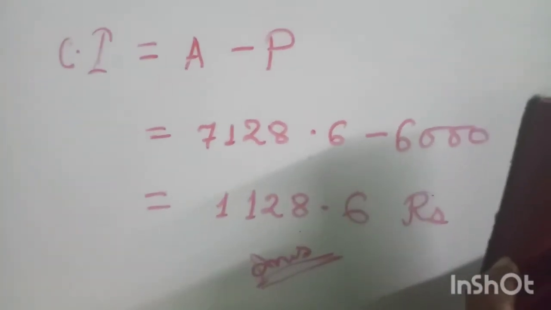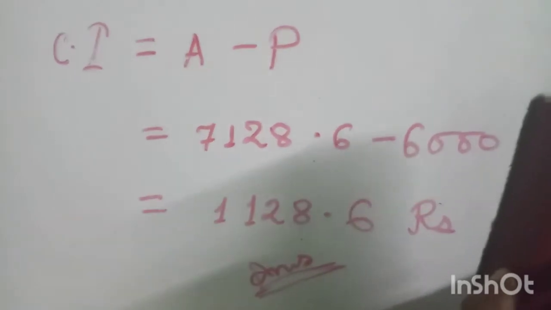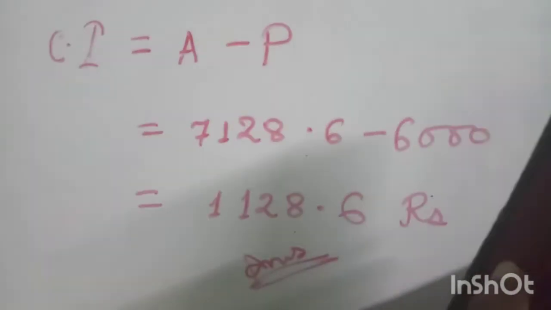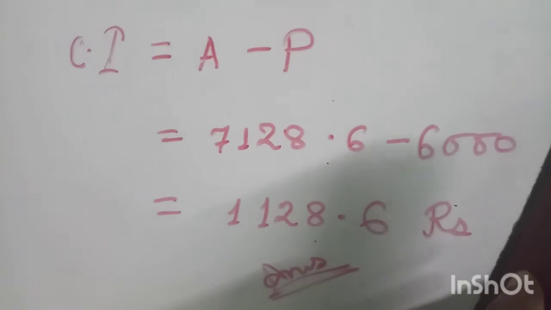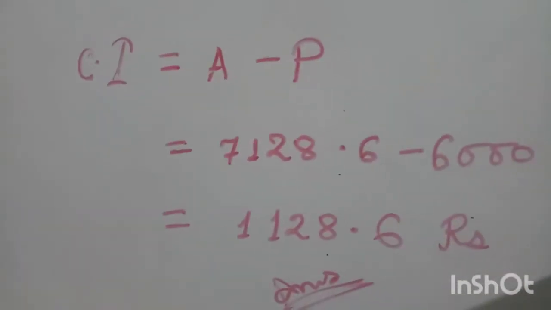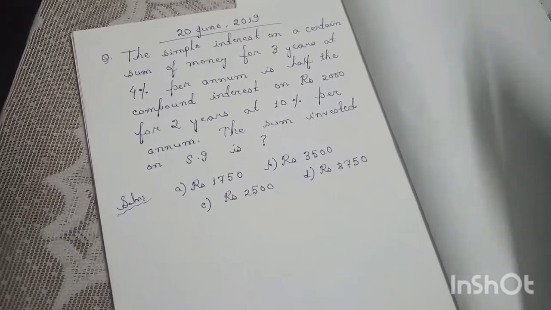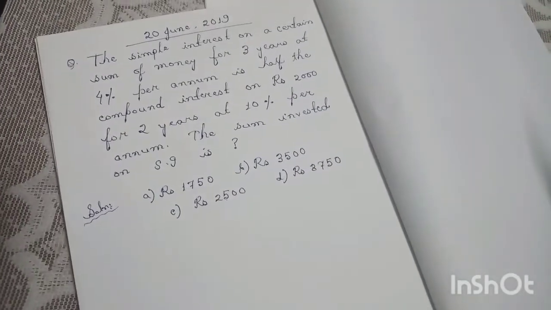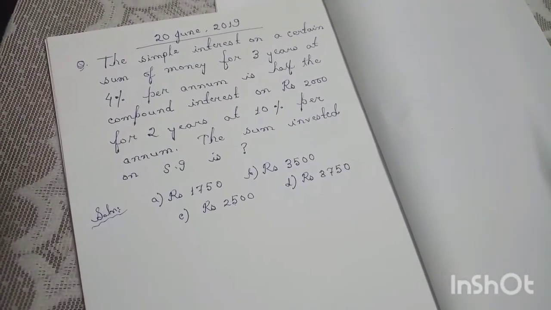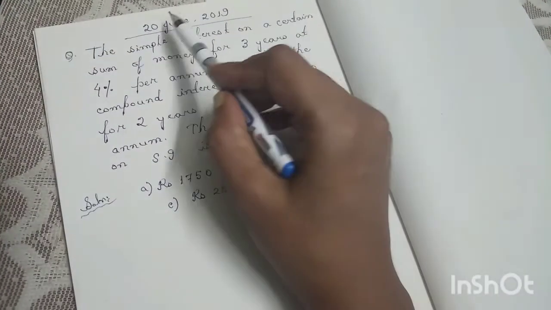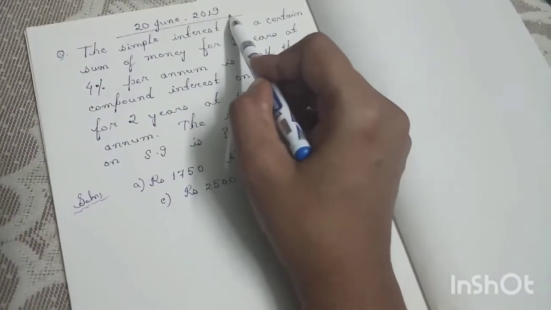Now we will solve a question which has actually been asked in one of your UGC NET examinations. Welcome back. So here is the question which came in one of the examinations, on 20th June 2019 in the evening shift.